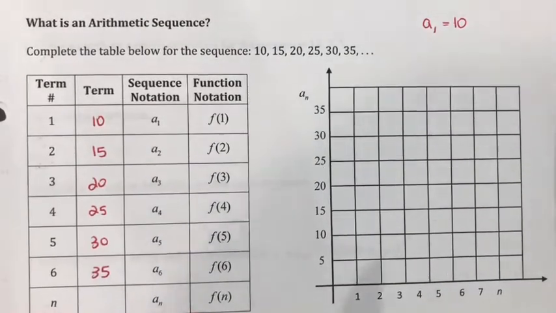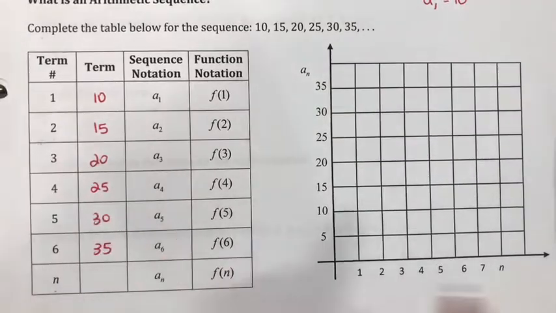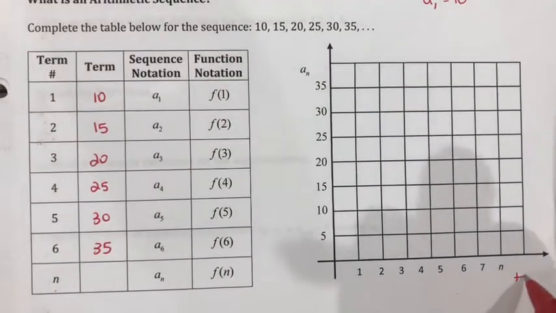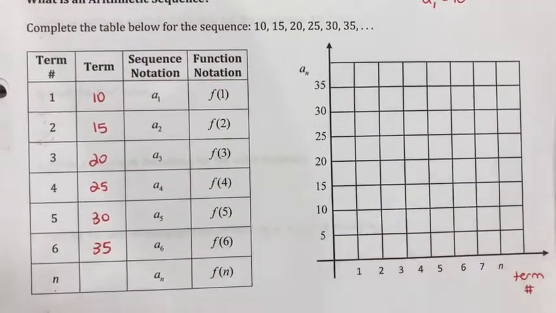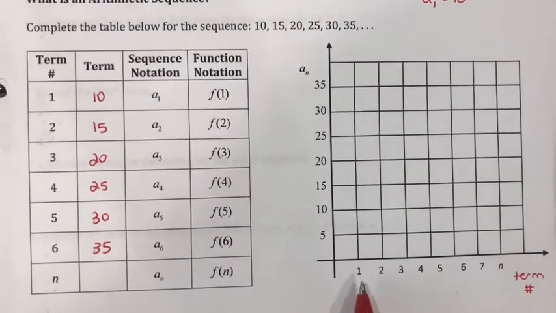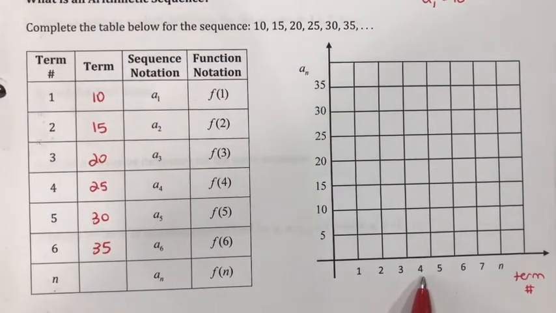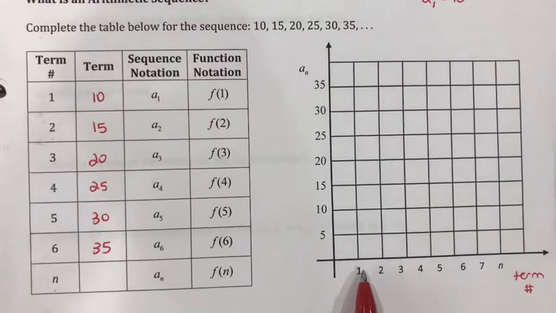Now I'm going to plot these kind of like ordered pairs, where the term number is on the x-axis. Notice I've got the first term, second term, third term, fourth term, etc. Somehow these kind of fell off the lines, but I'll even it out.